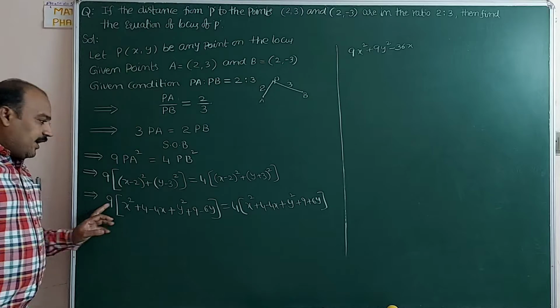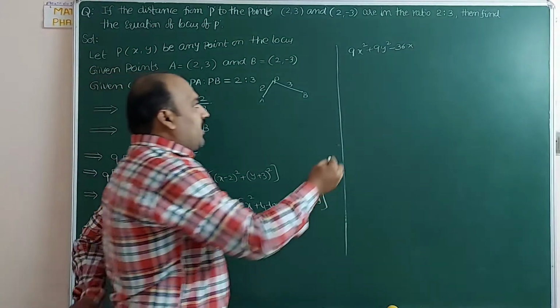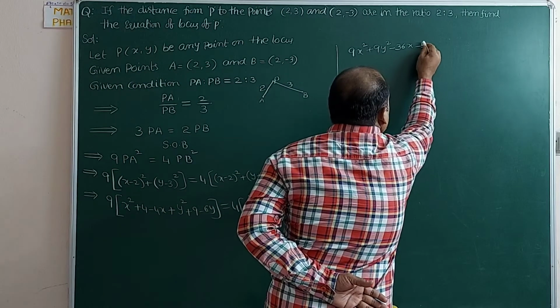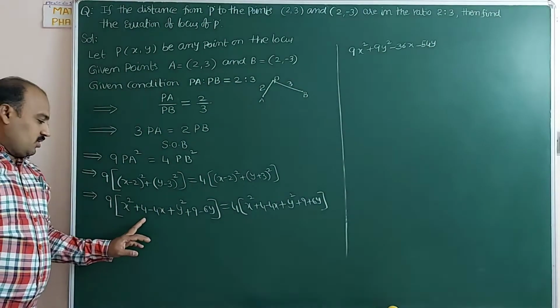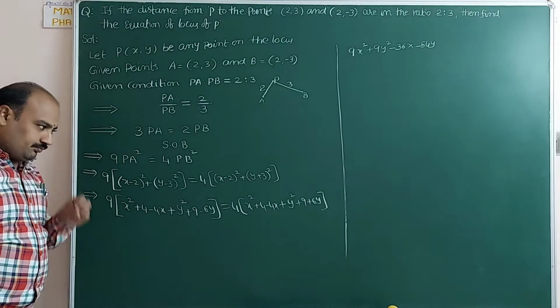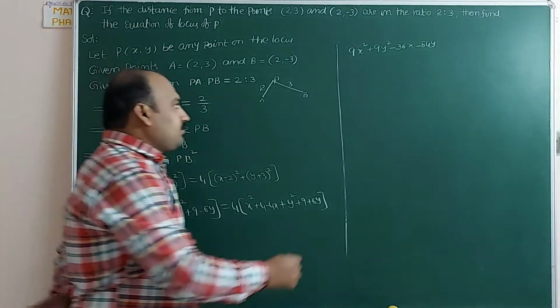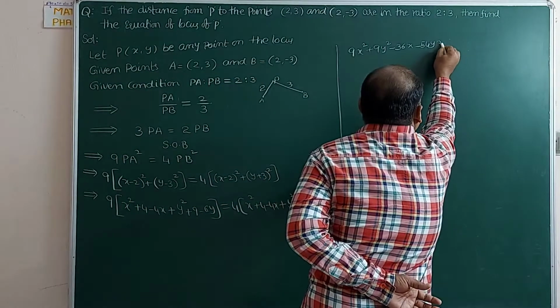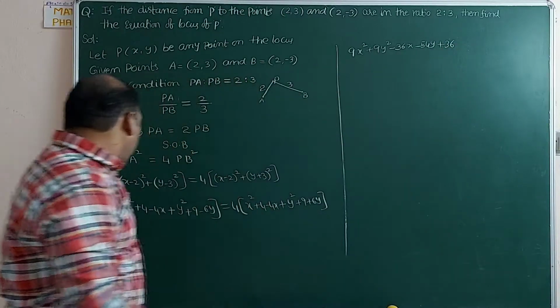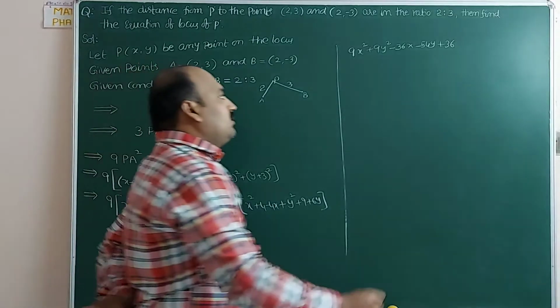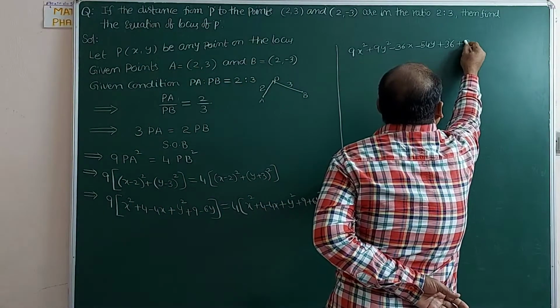Next, y term, 9 into minus 6y, minus 54y. Next, 9 into 4, 36. Next, 9 into 9, 81. Why I am writing separately, I will tell that.